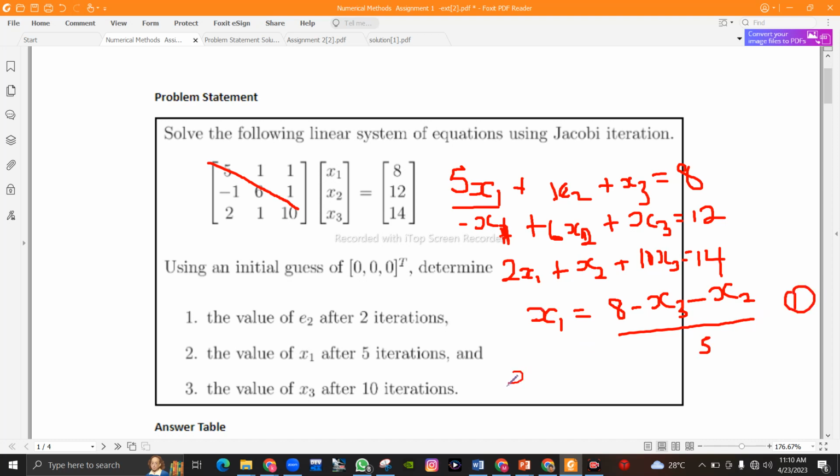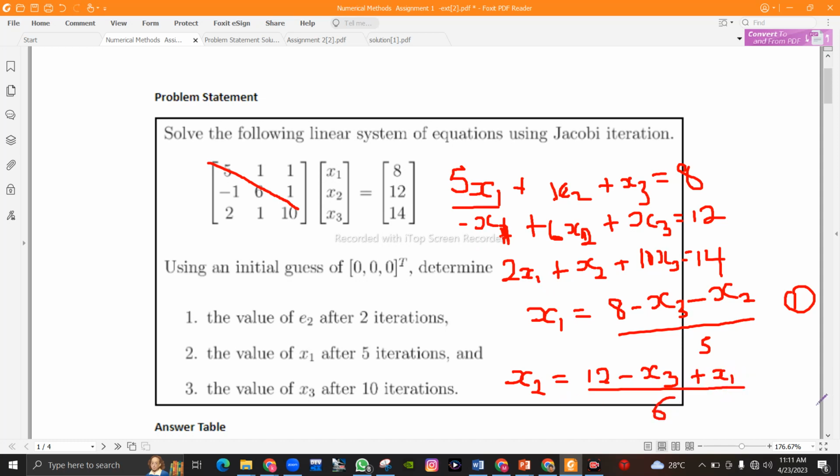For our x2, it is going to be 12 minus x3 plus x1 divided by 6.